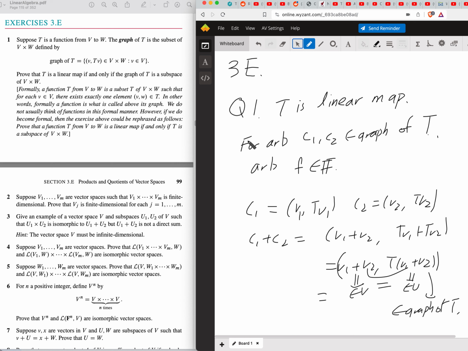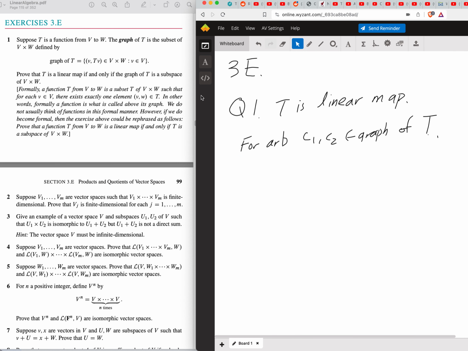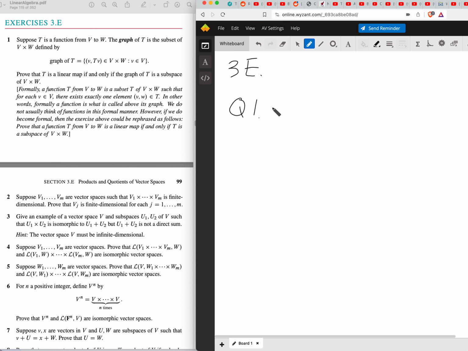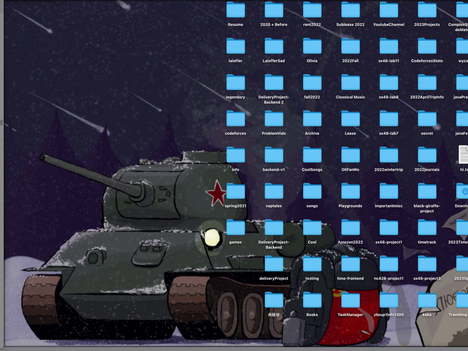So yeah, this is just a pretty much very straightforward proof going this way. Going backwards, I suspect that you'll encounter much more difficulties perhaps. So let's go the other way. So if the graph of t is a subspace of v and w, then what's going to happen?